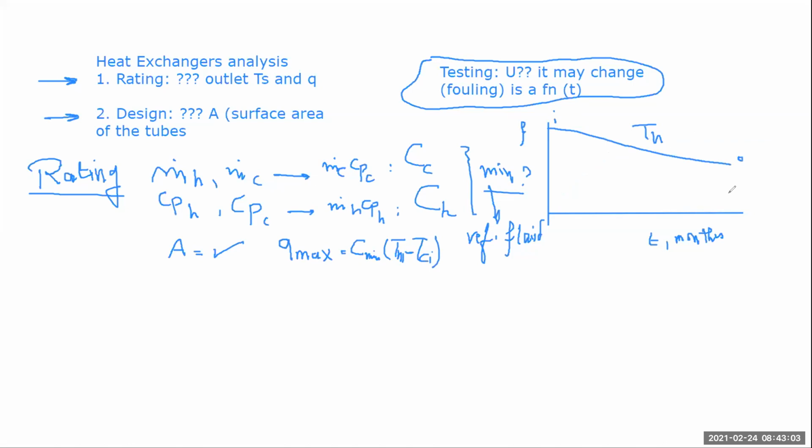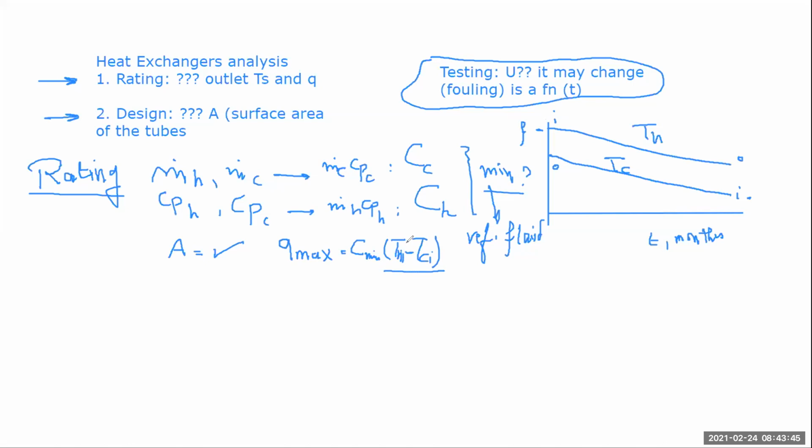The cold fluid enters at a low temperature, and its temperature increases because it is receiving heat from the hot fluid. So the highest temperature within the heat exchanger is T hot in, the lowest temperature is T cold in. That's why when I'm saying T hot in minus T cold in, this would be considered the maximum temperature difference. Can a heat exchanger operate with a temperature difference of T hot in minus T cold in? No, it's the theoretical maximum. This is the ceiling that we cannot exceed, and that's why we are taking it as a reference.